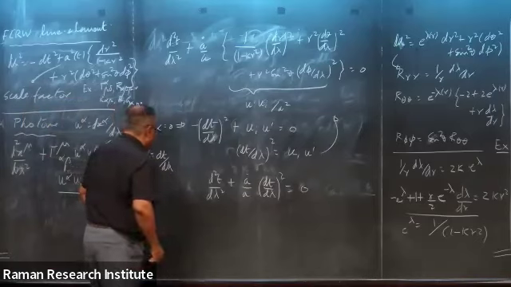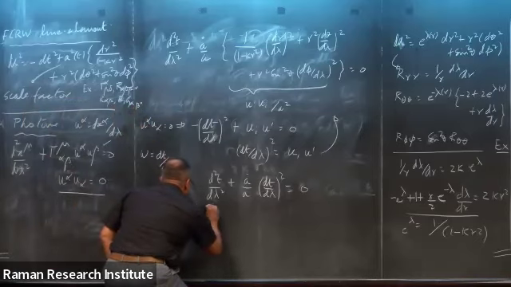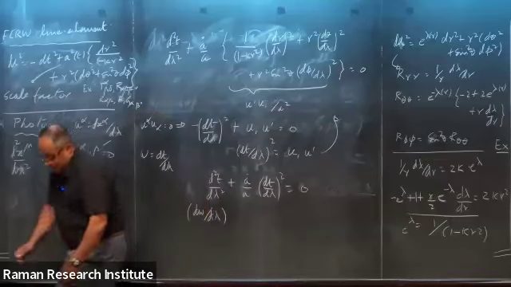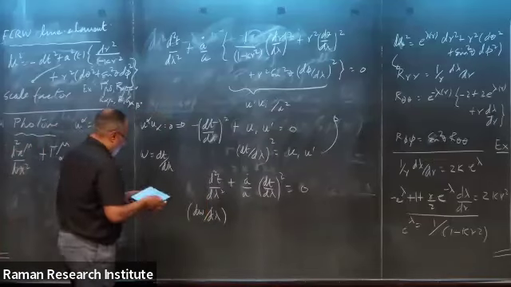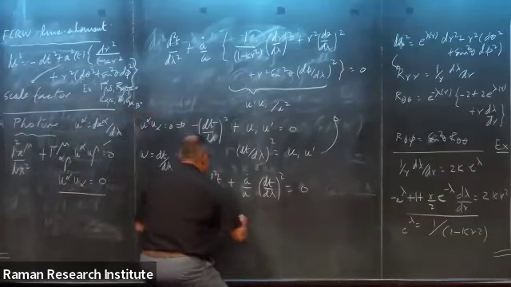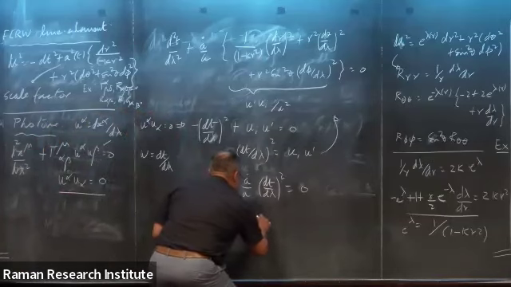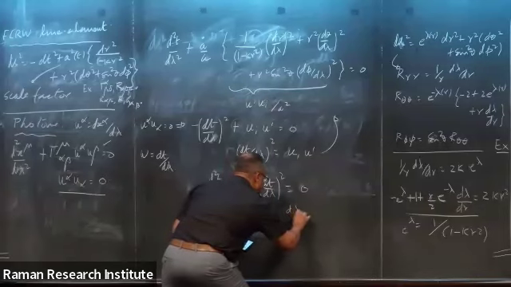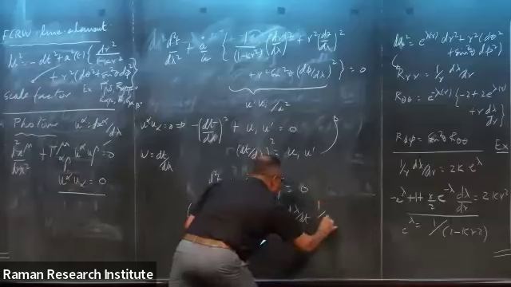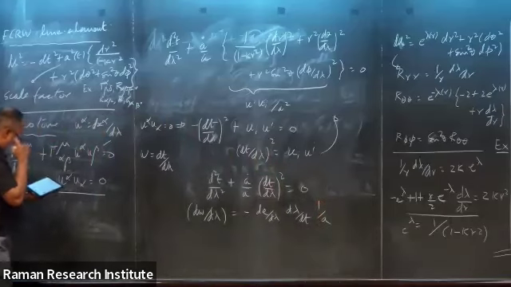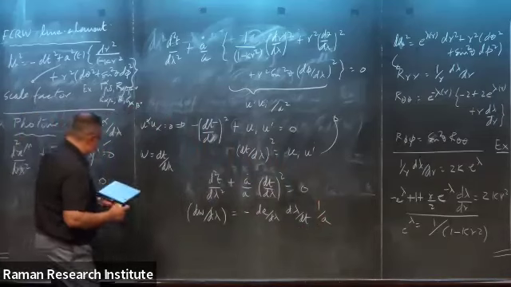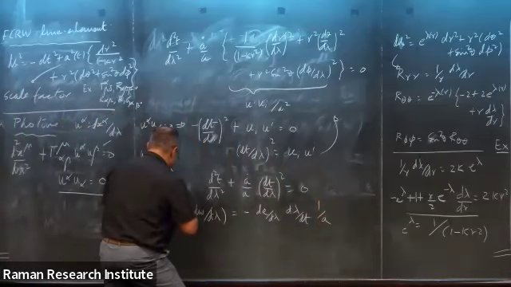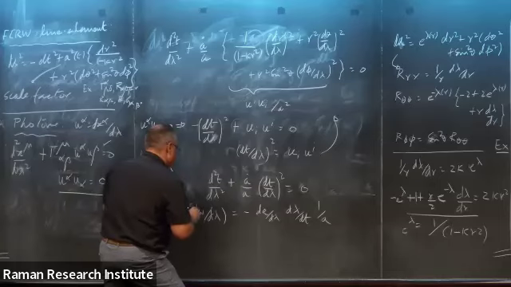So I can write this equation as dω/dλ divided by (dt/dλ)² equal to minus dA/dλ times 1/A, and then dλ/dt. Now I have missed something.